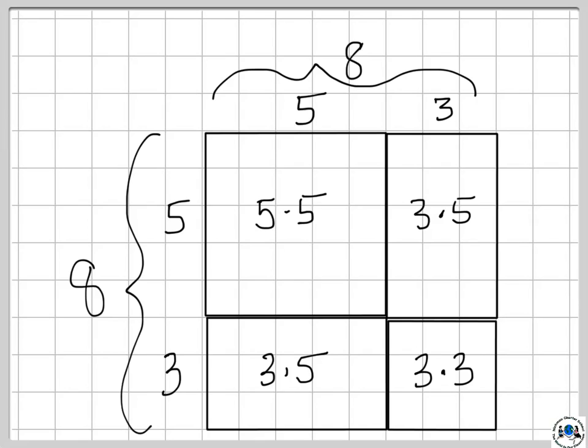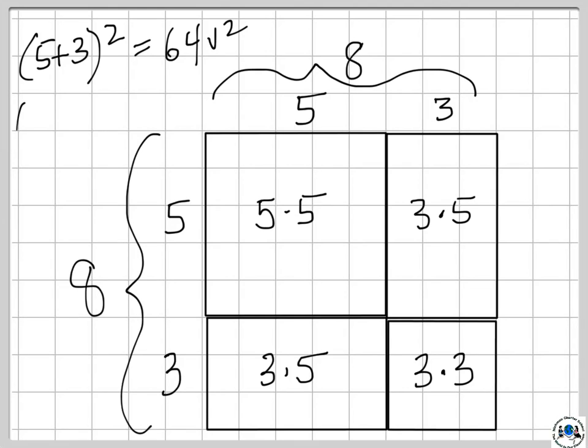And again, a couple of ways to calculate. Algebraically, we could have 5 plus 3 squared, which is 8 squared, which of course is 64 units squared, which is correct.